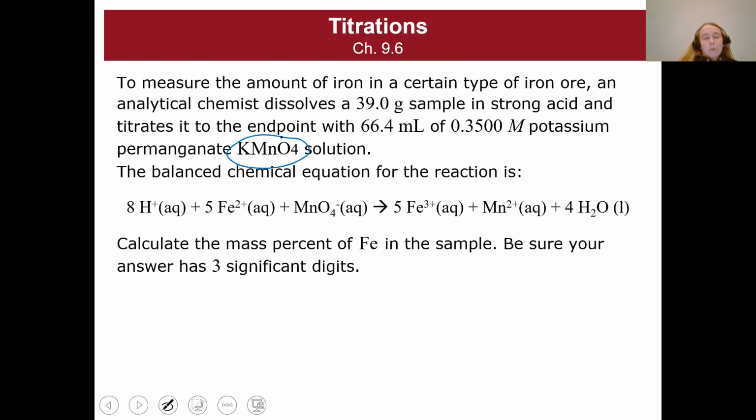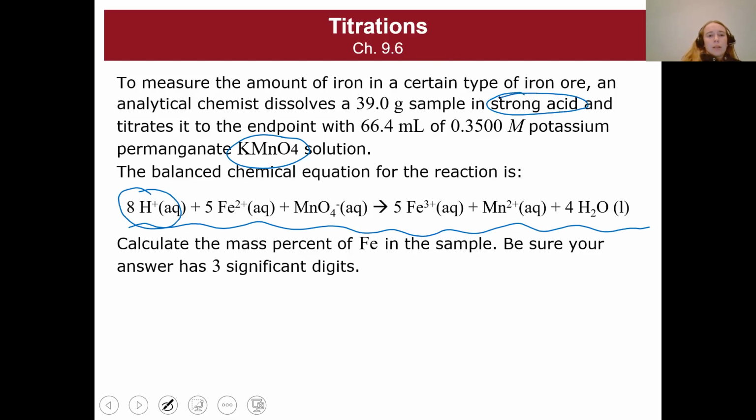The balanced chemical equation for this reaction, this is actually the net ionic equation for this reaction, is this big old equation. So the H+ came from our strong acid, the iron came from our iron ore that we're analyzing, the permanganate came from our potassium permanganate solution.